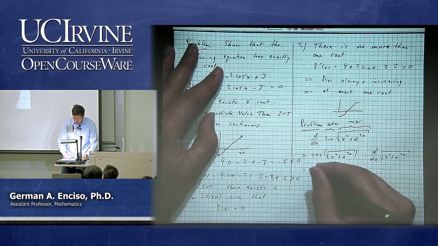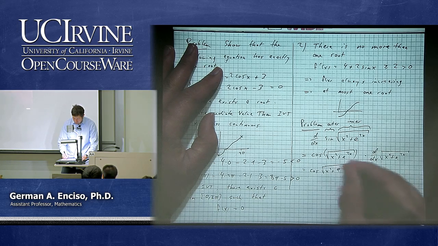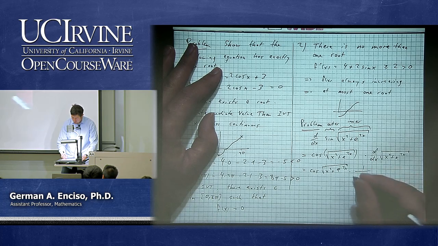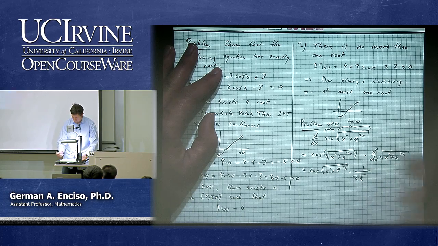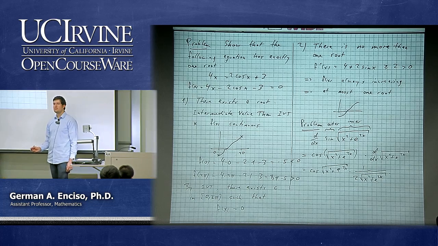So this is the cosine of square root of x squared plus e to the 2x multiplied by, and the derivative of this is, the derivative of square root of something is 1 over 2 square root of something, x squared plus e to the 2x multiplied by the derivative of x squared plus e to the 2x, right?